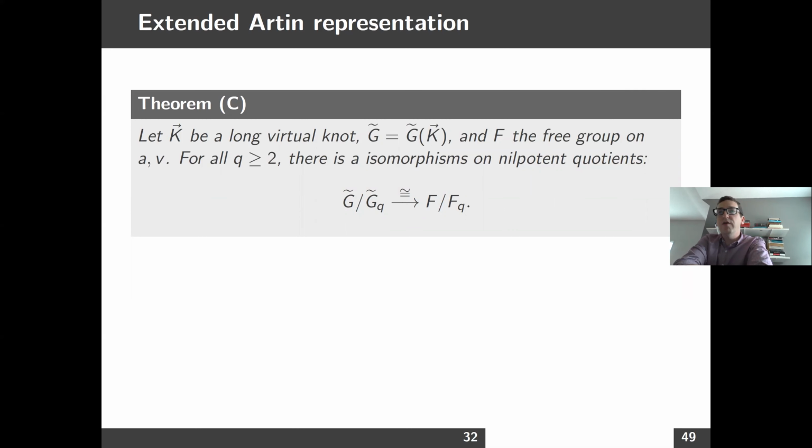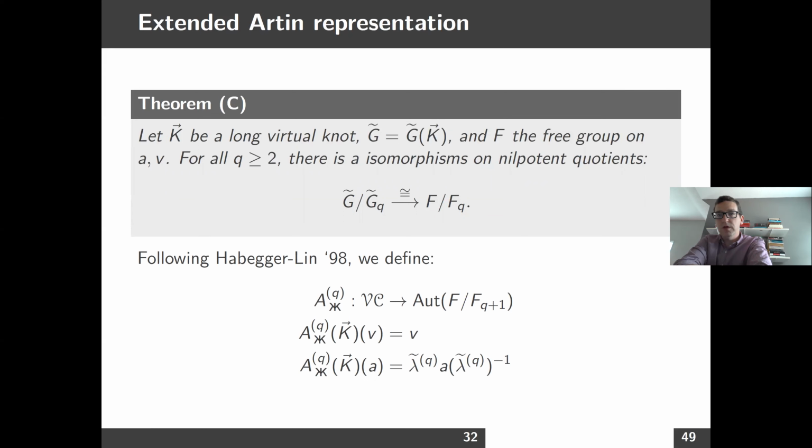And so that means that to construct concordance invariants, you have to do something a little bit more than just looking at the Magnus expansion. Okay, so what we're going to do is follow Habegger-Lin, who looked at this for string links in the classical case.